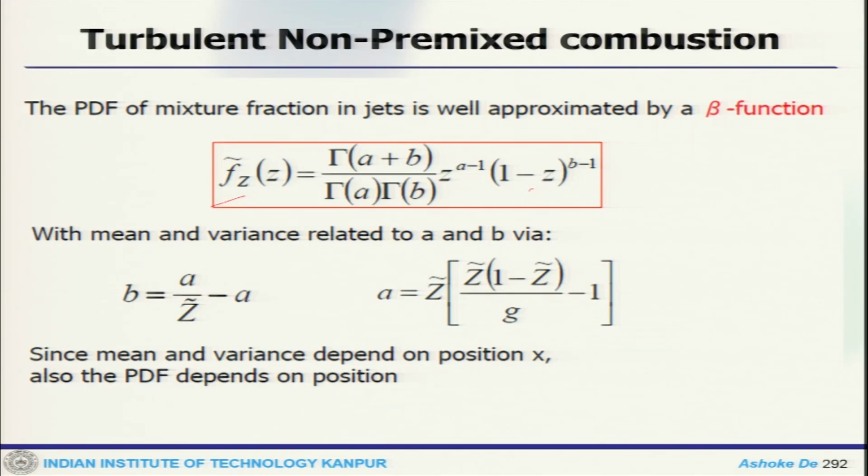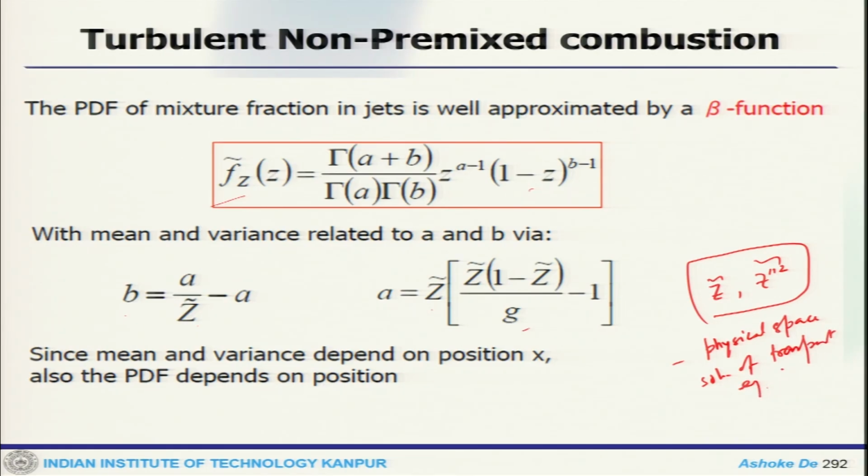Now, here we use the value of the mean mixture fraction and the variance. b is defined as a by Z tilde minus a, and a is Z tilde times (Z tilde (1 minus Z tilde) by g minus 1). So, we need information of both Z and Z variance, which we get from the solution of the transport equations in the physical space.